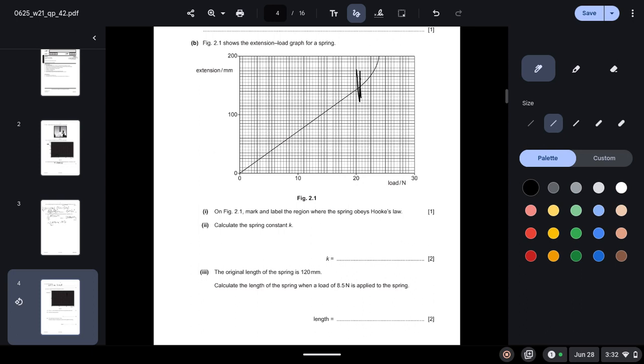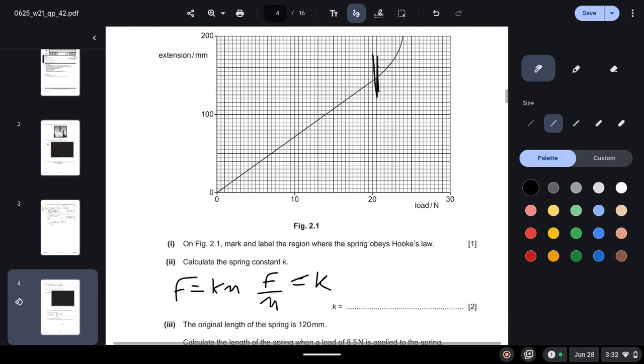Calculate the spring constant K. So here we can use the formula F is equals to Kx. So make k the subject, F over x is equals to k. You can take any value from the graph.